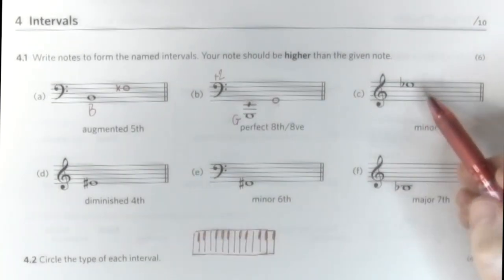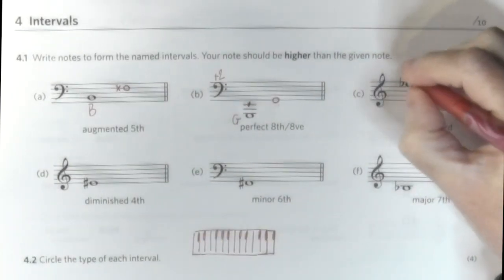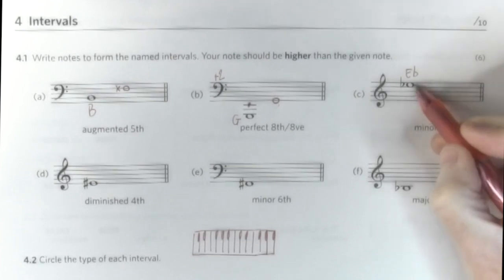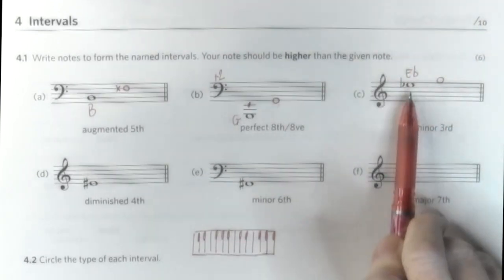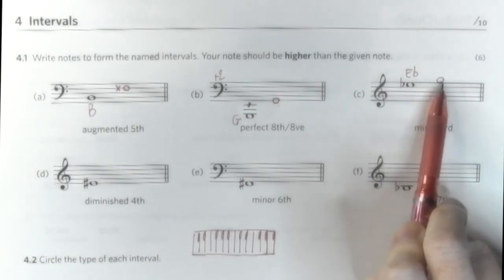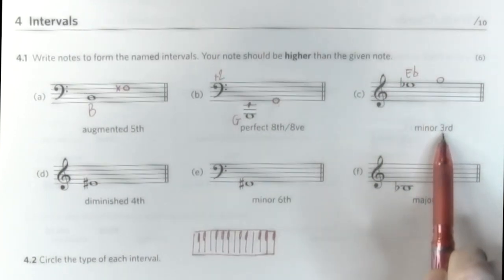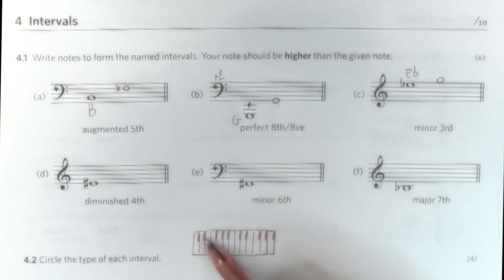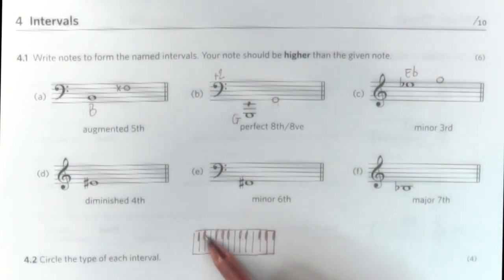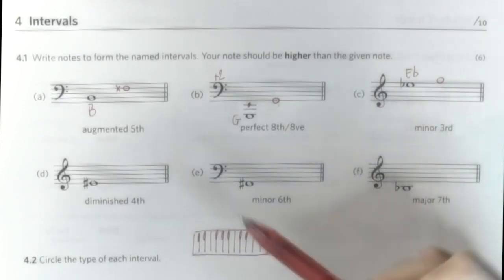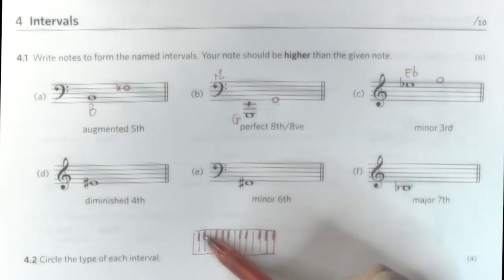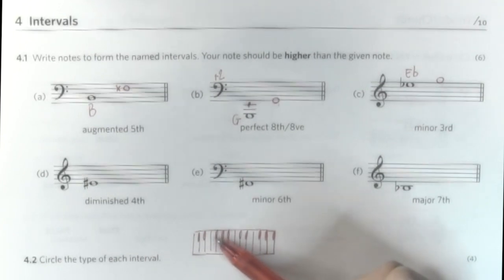A minor third from mi flat is 1, 2, and 3. Let's have a look if between mi flat and sol is a minor third or a major third. To have a major third, we need 2 tones. So in this case, to make it minor, we need to take one semitone out. So 1 and 2. So this interval is in fact a major third.